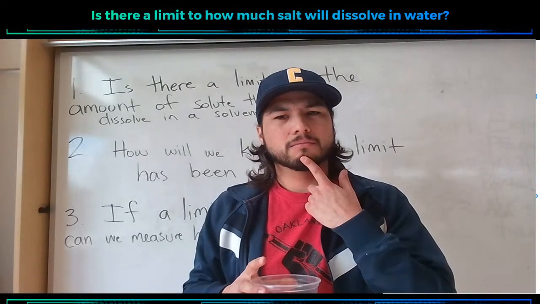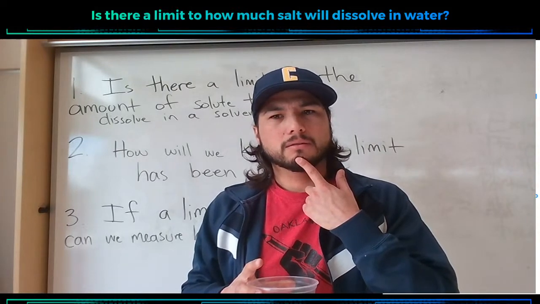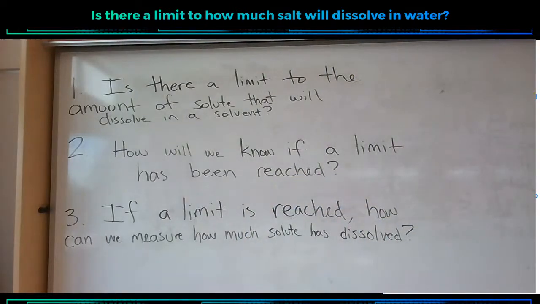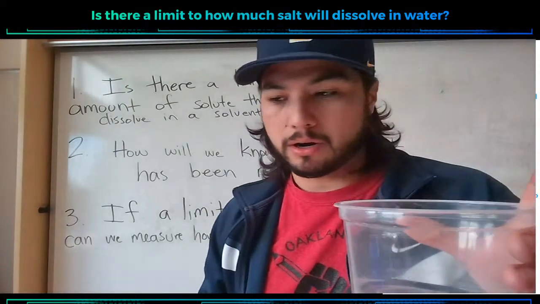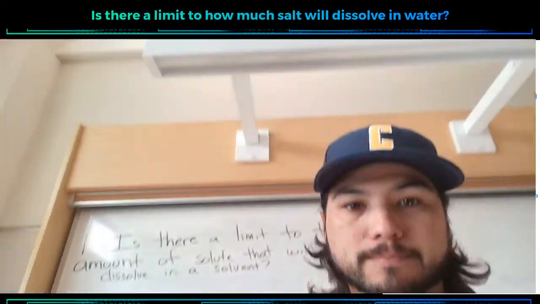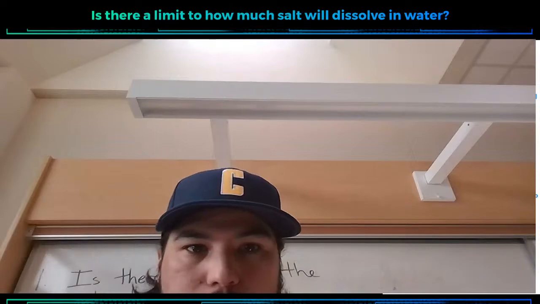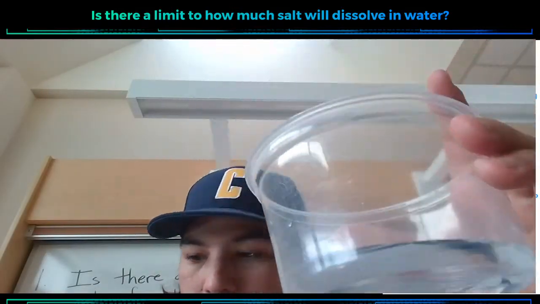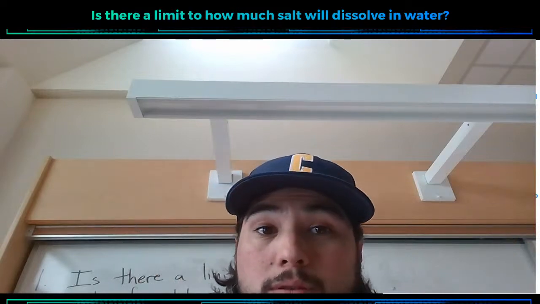Think, think, think. Let's check. So again, here's our control. Let me tilt this up again so you can see. Here's the ceiling. Here's our control again. And then here's 4 scoops of salt.